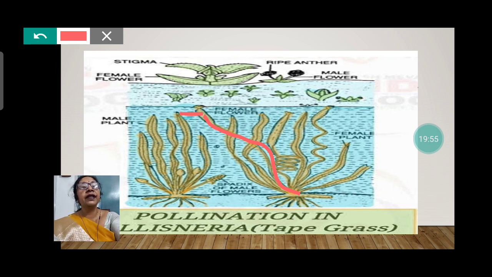Here you find it is on the surface of water, and the male flowers are already present there. In that way, pollination occurs on the surface of water, and once pollination is completed, the style coils again and the pollinated flower comes inside the water. The fertilization in Vallisneria occurs inside the water only. So this is all about Vallisneria.